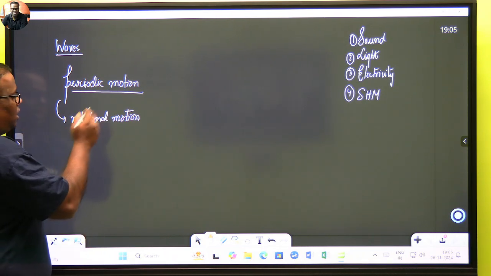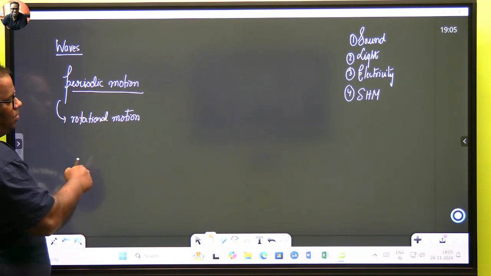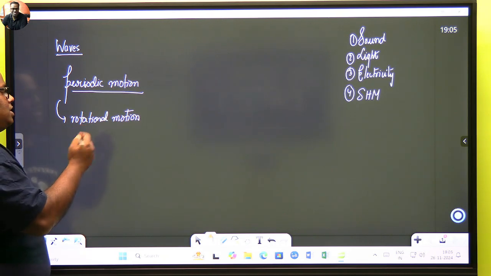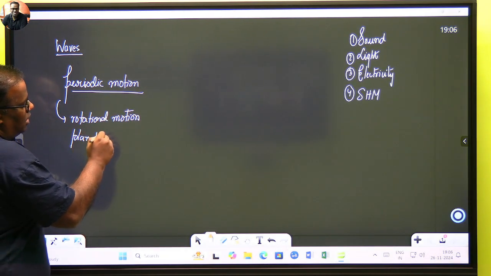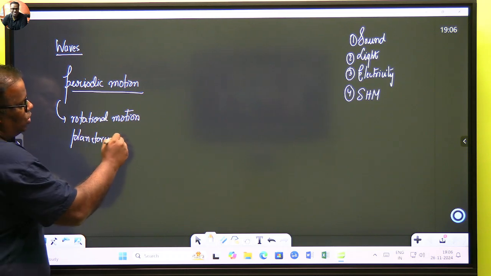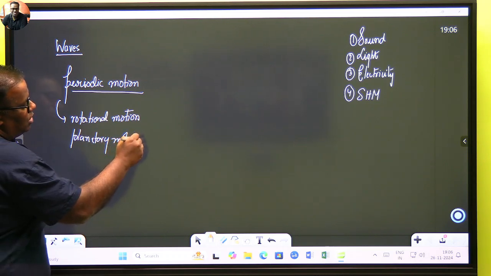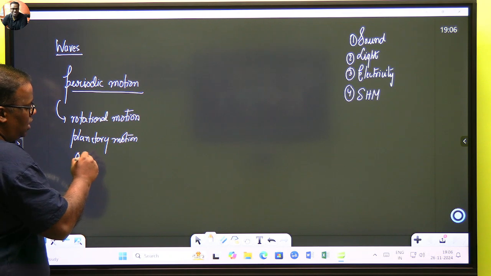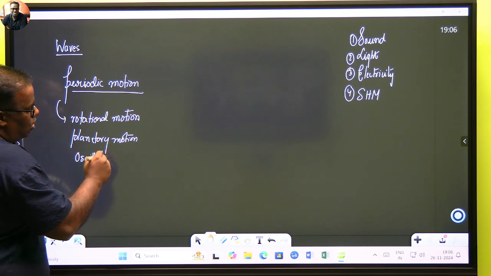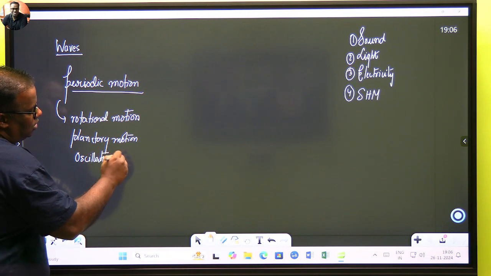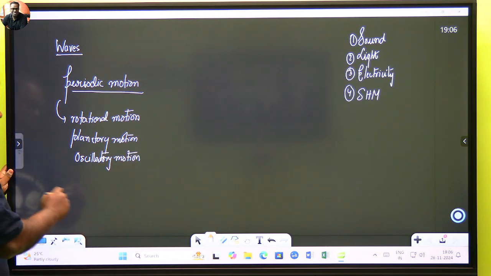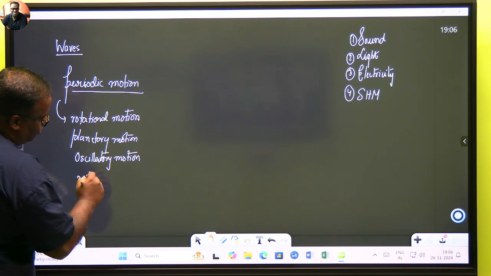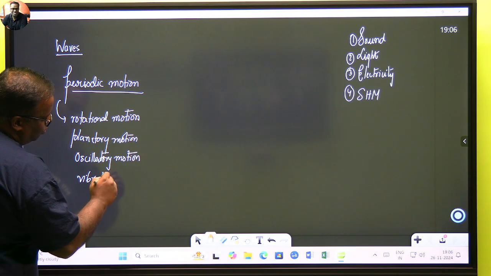Then comes ये एक हो गया. इसके अलावा आप क्या मोशन देख सकते हैं? Planetary motions. Planetary motions are also a sort of periodic motion. Then comes a very unique type of motion which is known as an oscillatory motion. Do you know what is an oscillatory motion? Oscillatory motion भी एक होता है and something also known as a vibratory motion.